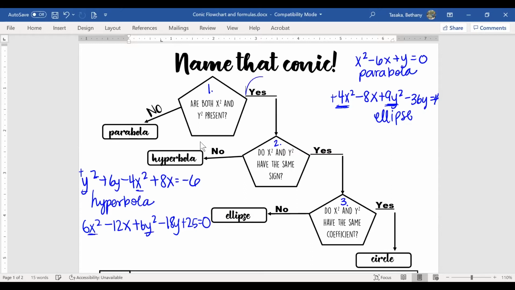Yes, so we go down to the next question. Do they have the same sign? Well, yes, because this is positive and this is also positive, so we can throw a little plus sign in there. Do they have the same coefficient? Well, that's a 6 and that's a 6, so also yes, which means this is a circle.